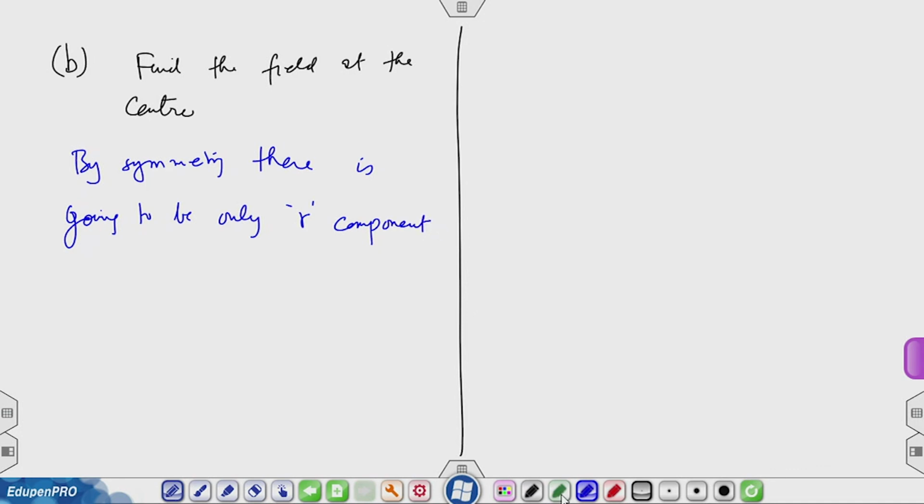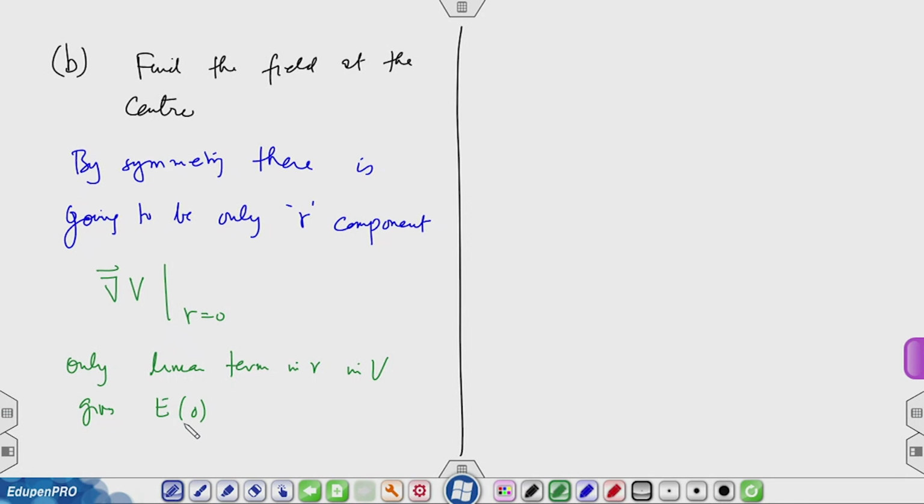And what you need to do is calculate grad of V and put r equals 0. Therefore, only the term that is linear in r is going to contribute to field at r equals 0. So, only linear term in r in V gives E at 0.